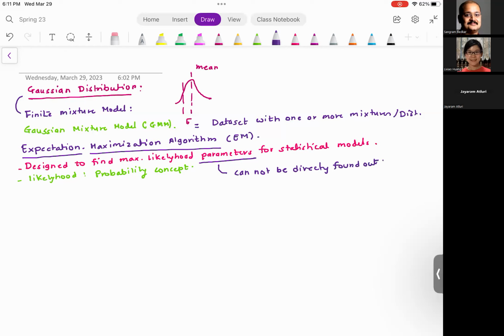Since you cannot find these parameters directly, you are going to use some type of iterative technique that would get you some results. The problem is, since we are using iteration, there is no guarantee that it will converge.